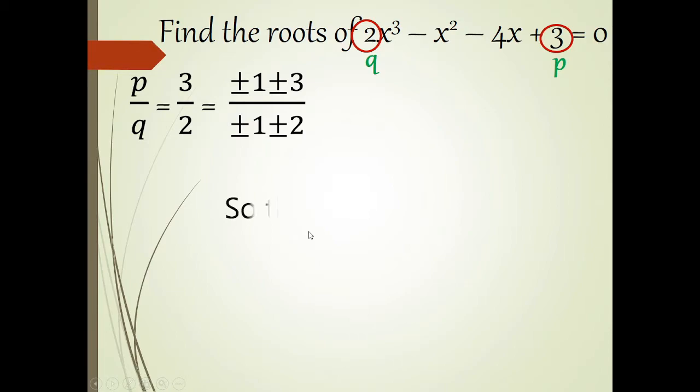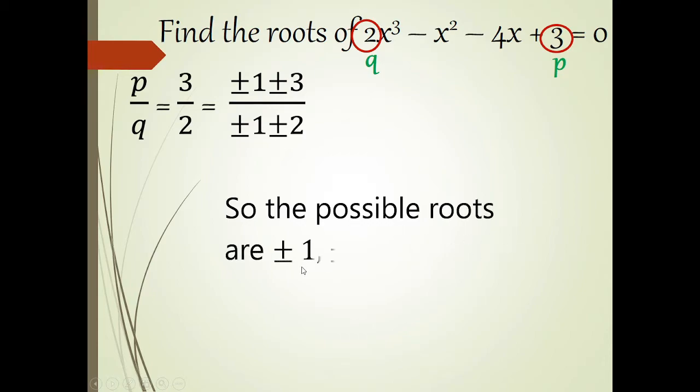So, in short, the possible roots are positive, negative 1, positive, negative 3, positive, negative 3 over 2. A total of 6 roots. But then, as I have said a while ago, the number of roots depends upon the degree. So, in short, only 3 of these are correct. Ano-ano kaya iyon? Let's find out.